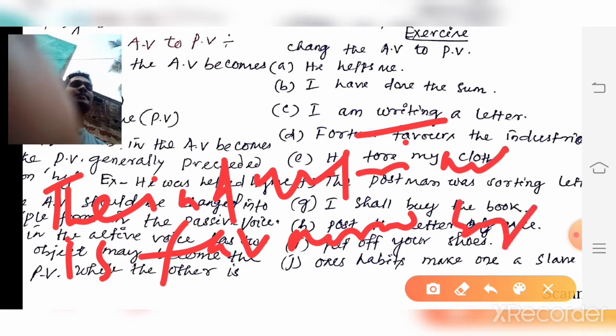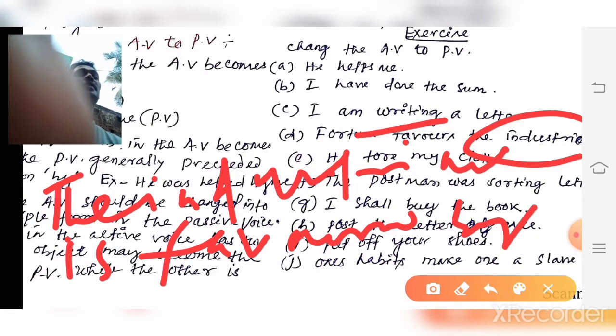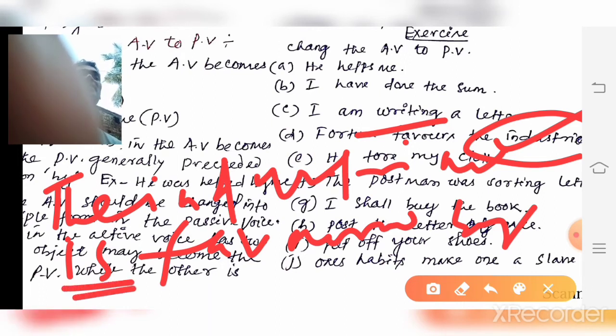The sentence is in the form of simple present. So the industrious is the object in the first sentence. It will be the subject for the PV form, and then we can use the be verb is, then the PP form of main verb favors, and then we have to add the preposition by and the object form of subject.